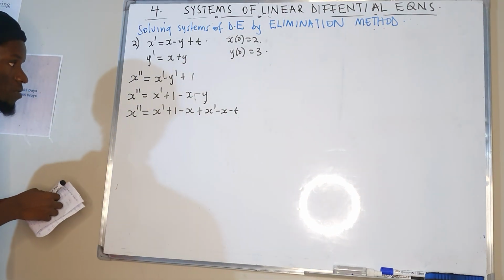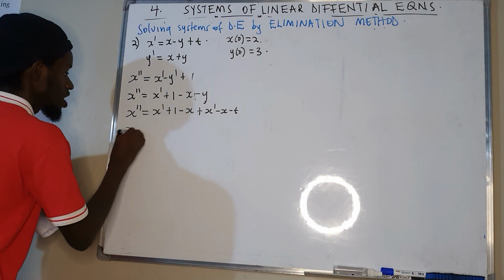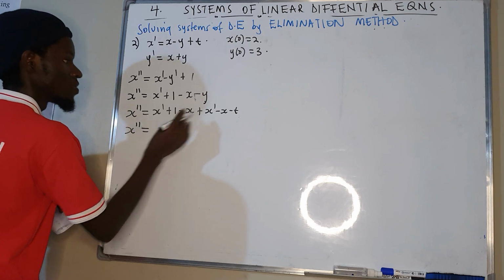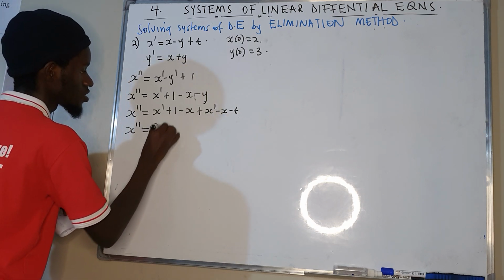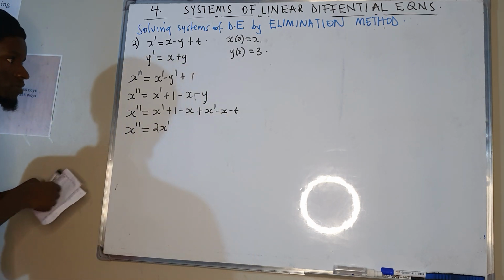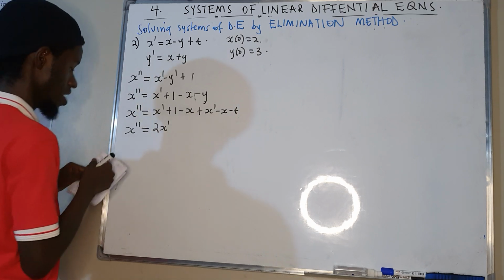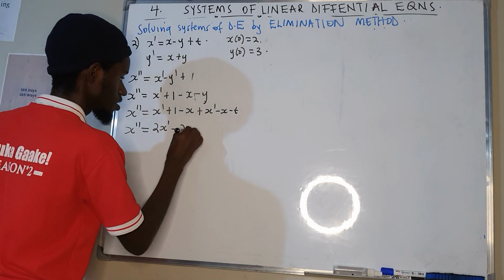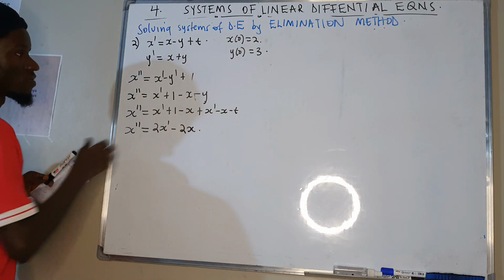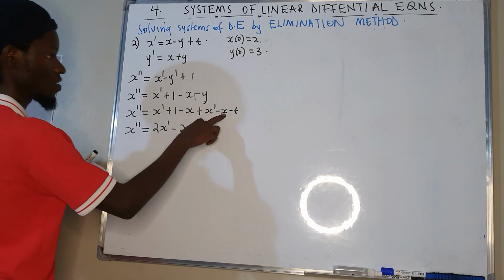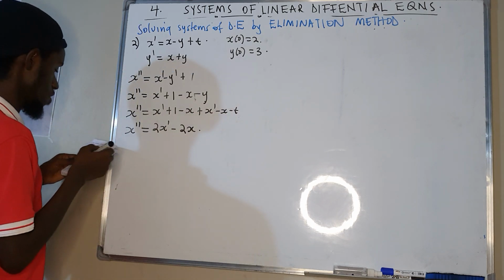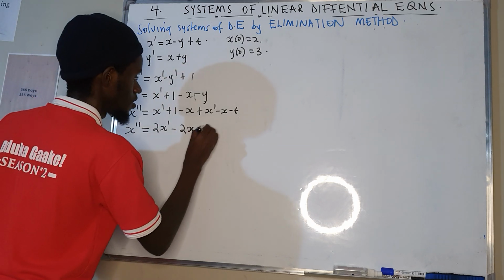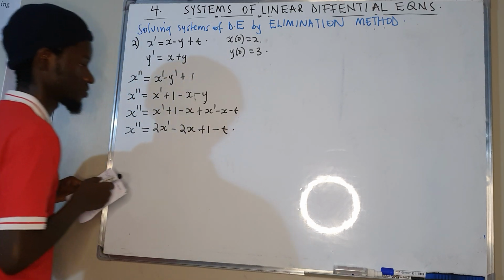So that's the step. Therefore, I put my equation like x double prime equals 2x single prime, and then with this negative and this negative, minus 2x, and then I have a t and a 1, plus 1 minus t.